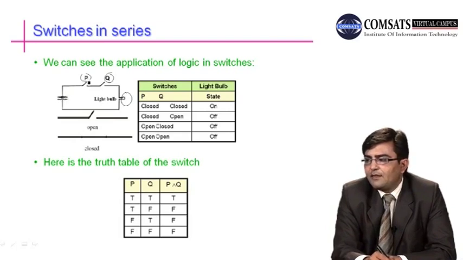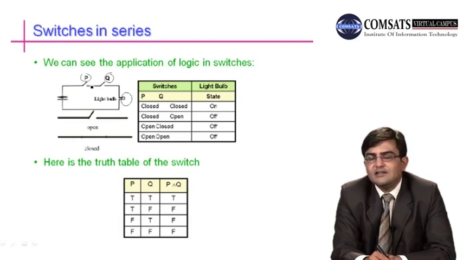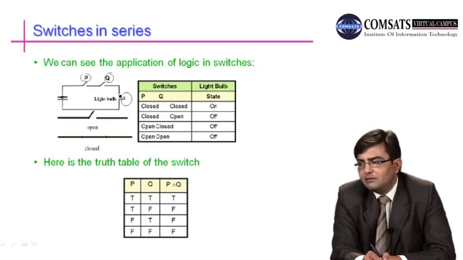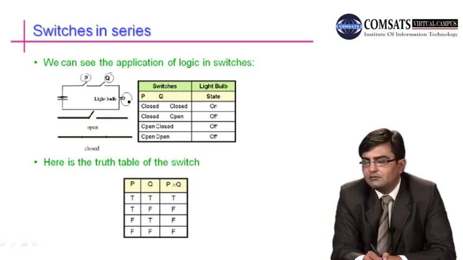If the switches are in series, meaning they are in the same line, when P is open and Q is open, the bulb cannot be lighted. If P is closed and Q is open, the bulb will be off.